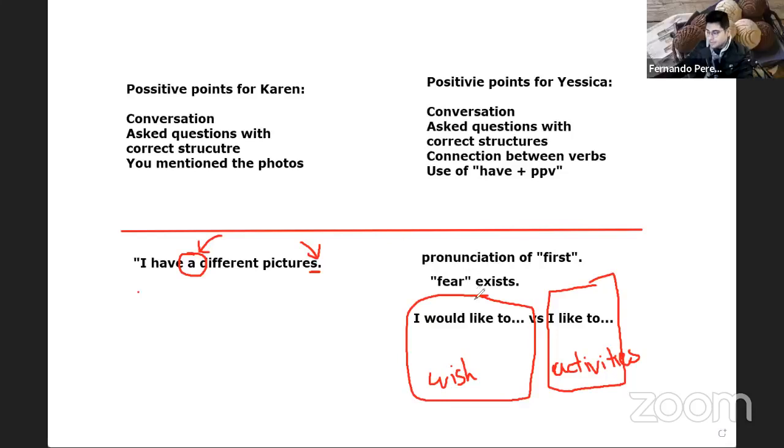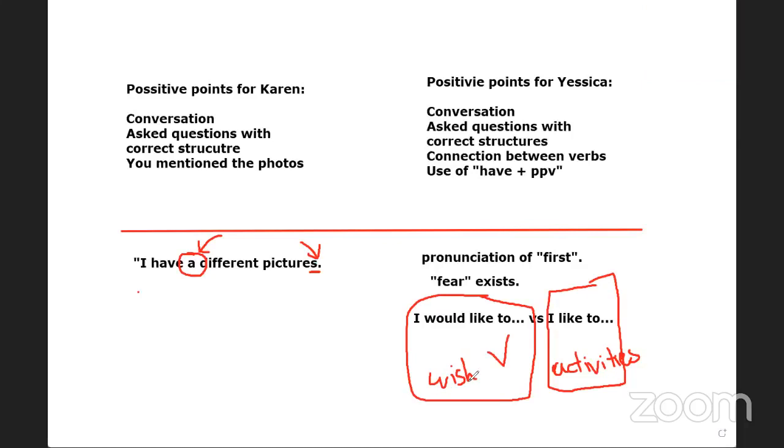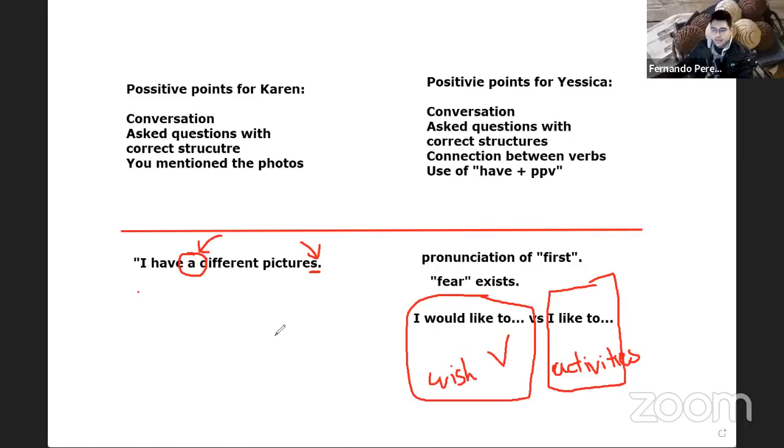Okay, if you were talking about the wish, you are correct. Like a plan. I would like to go, I would like to see. In that case, then you are correct.